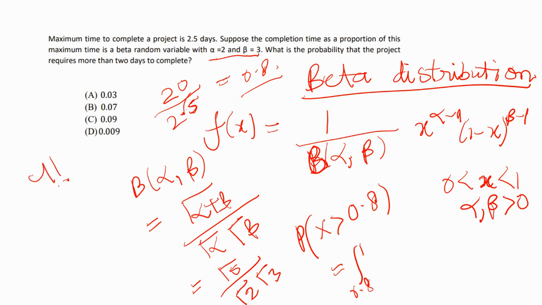So it will be 4 factorial divided by 1 factorial into 2 factorial, which is 24 divided by 2, that is 12.